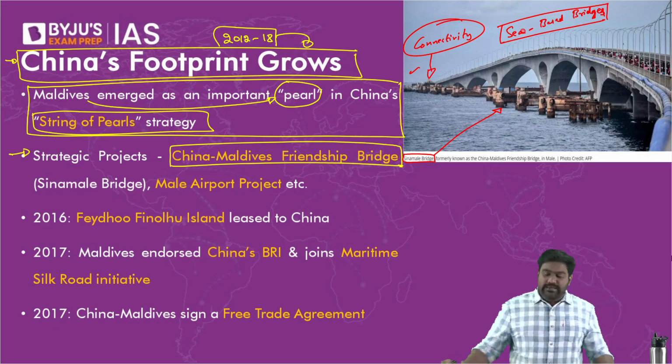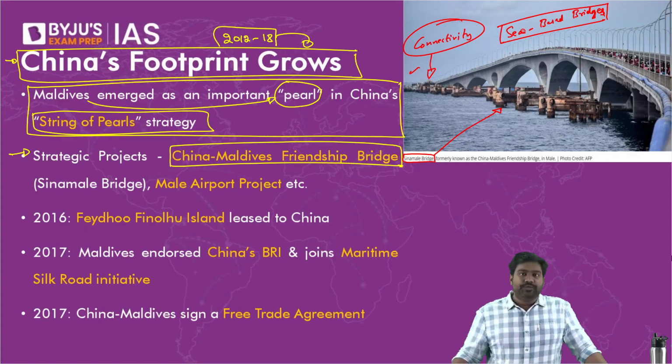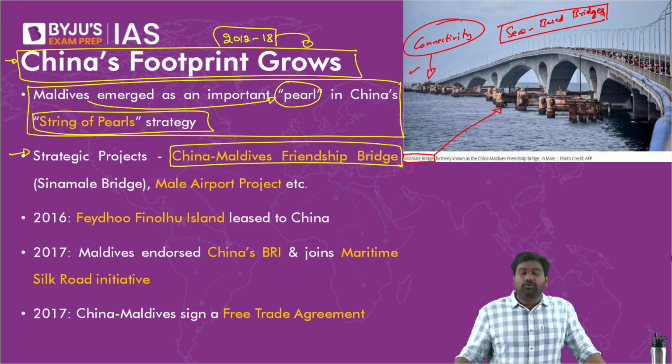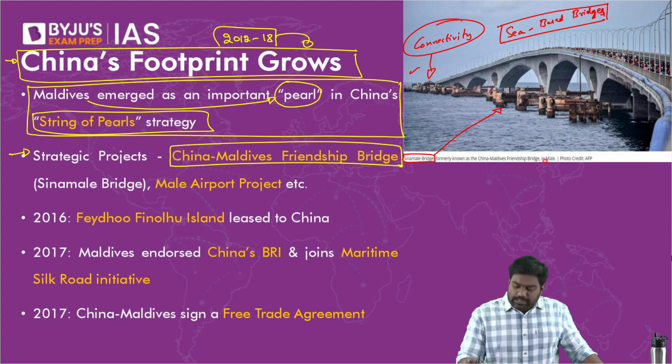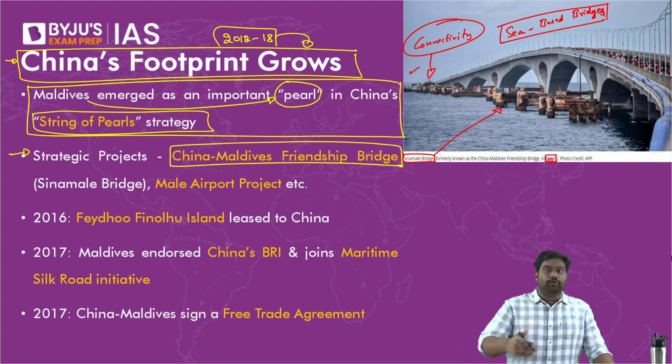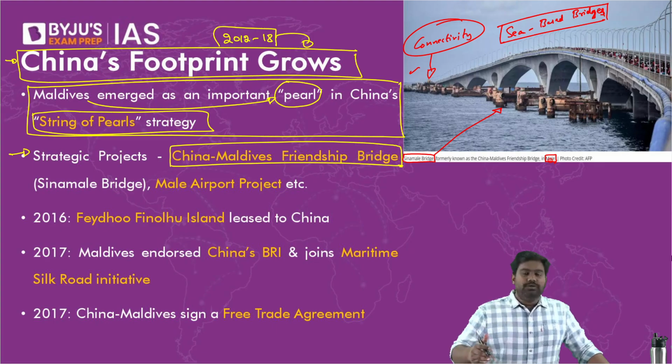So initially, India was interested in such projects, but this was handed over to China, and China built the so-called China-Maldives Friendship Bridge, also called the Sinamale Bridge. If you've been to Malé, right next to the airport, the Malé International Airport, you can see this bridge. When you're landing into Malé, taking off, you can see the bridge from Malé connecting with a nearby island.